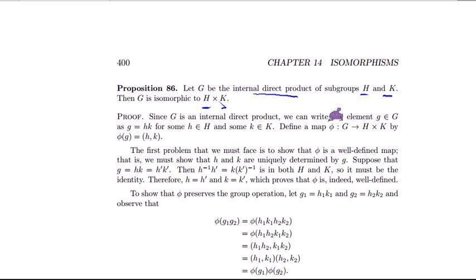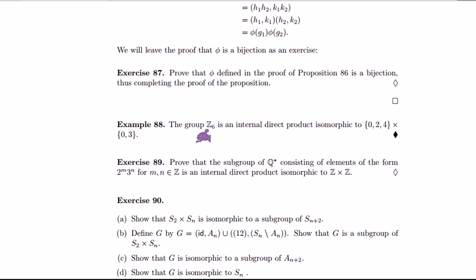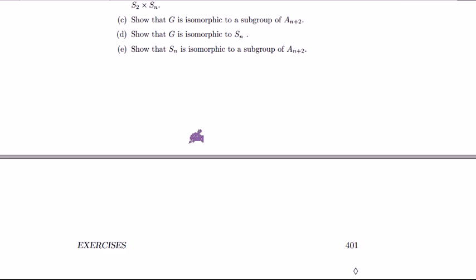All right, so we prove this as usual by trying to define a mapping from G to H cross K. And then the proof consists of showing that this is actually a bijection and that it preserves the operation. So you can go through those steps in the proof here. And then here are some more examples to illustrate the concept.